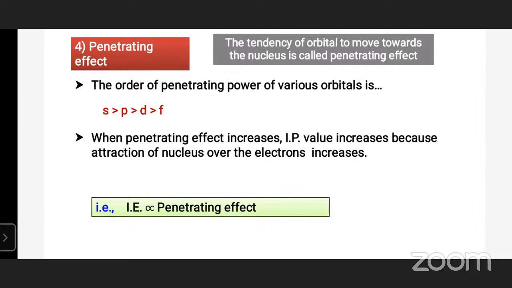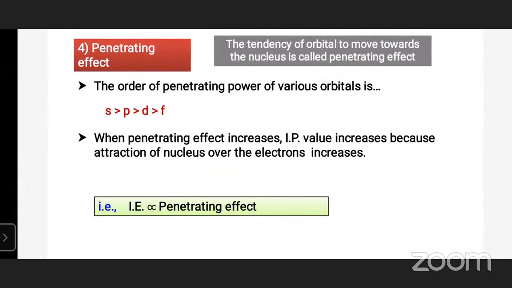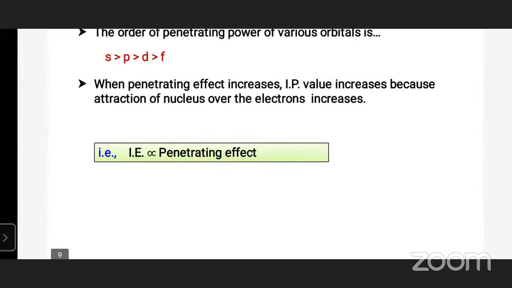So IP value is directly proportional to the penetrating effect.